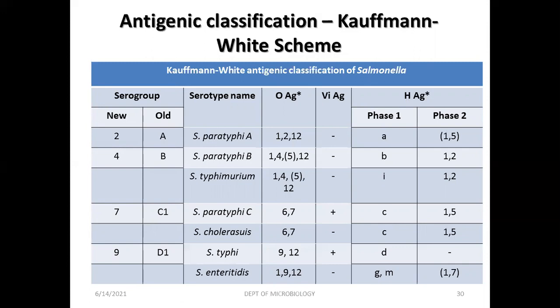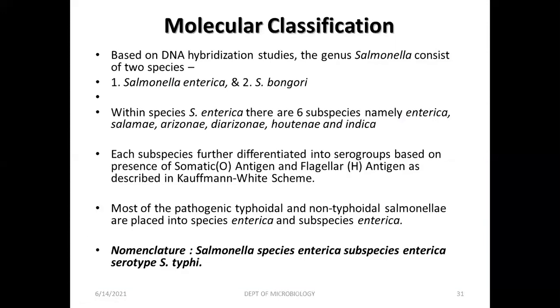Hence, you can see here the numbers as well as the letters. Currently, there are up to 67 serogroups which contain group specific O antigen. For example, serogroup 2, previously known as serogroup A, has group specific O antigen type 2. This is the Kauffmann-White classification scheme.